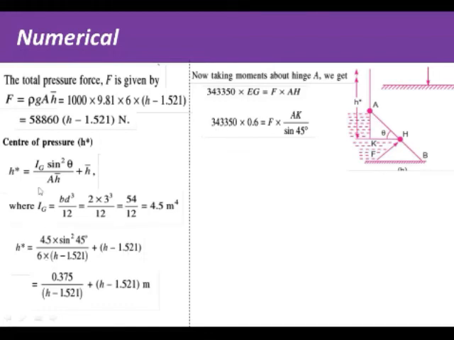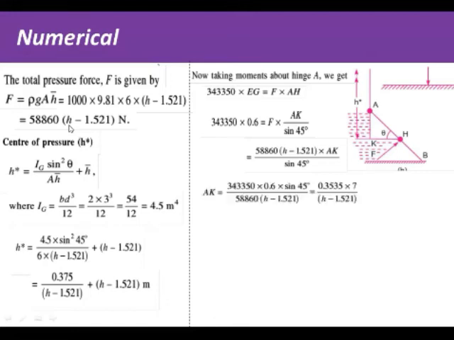The value of F you already know, that is 58860 into H minus 1.521 into AK. AK is not known to us, divided by sin of 45 degree, that equals 343350 into 0.6. Okay, so you can multiply this term and divide this term, so you will get the value of AK.